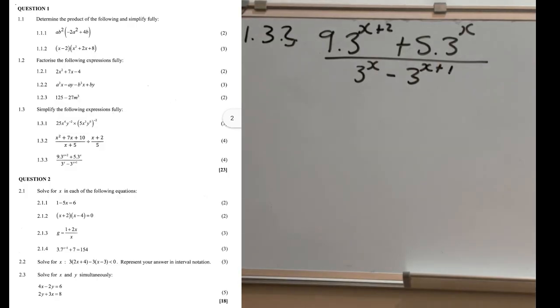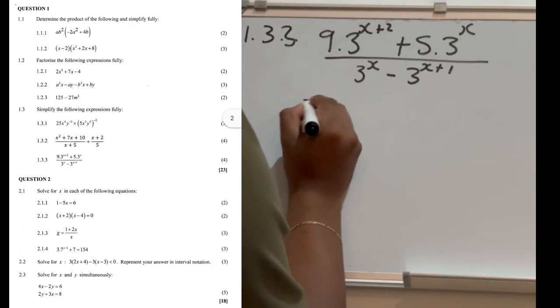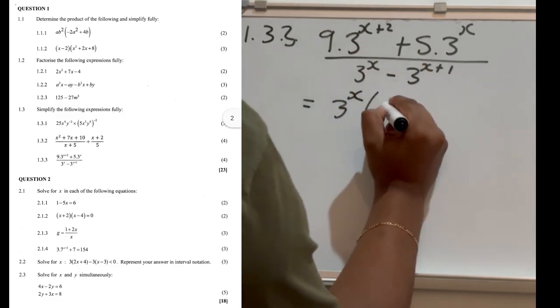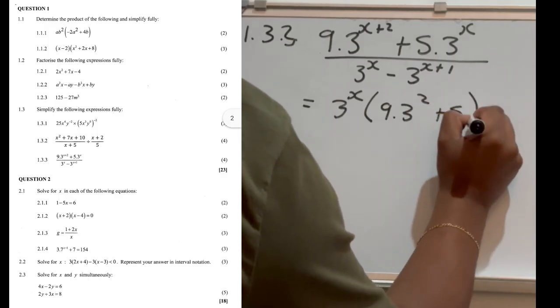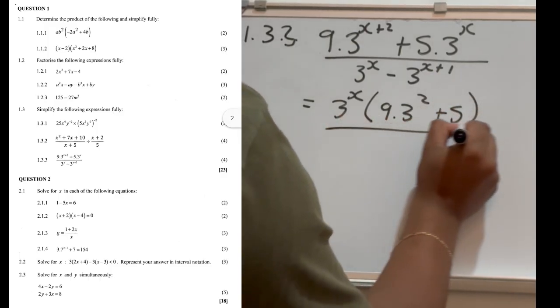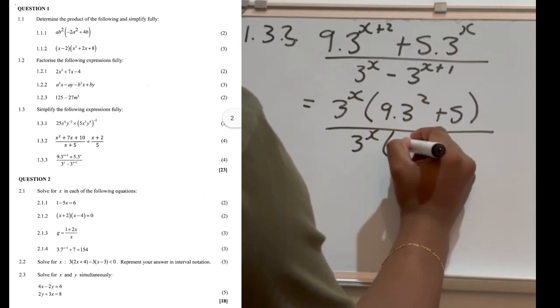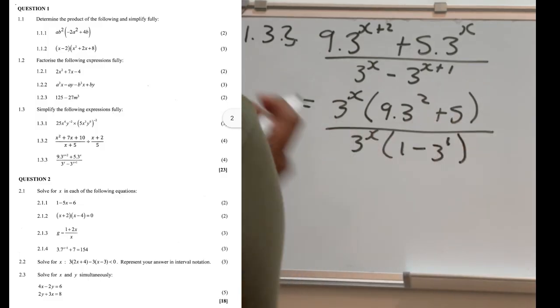Okay, so the first thing always here, we break up these exponents. So we can take out on top 3 to the power x, and we will live with 9 times 3 to the power 2 plus 5. The bottom, if we take 3 to the power x out, we live with 1 minus 3 to the power 1.